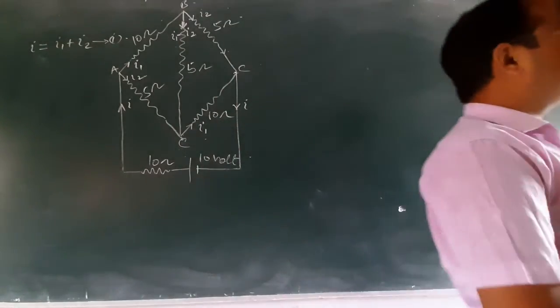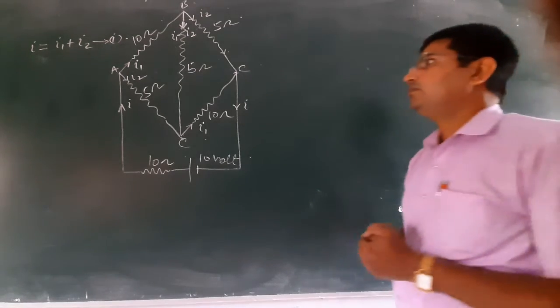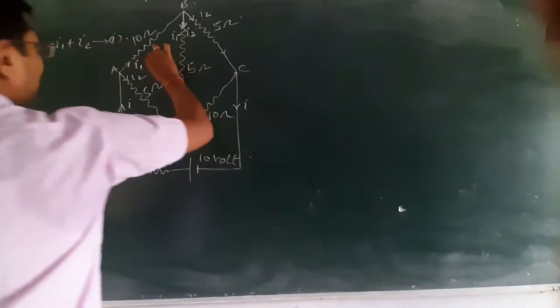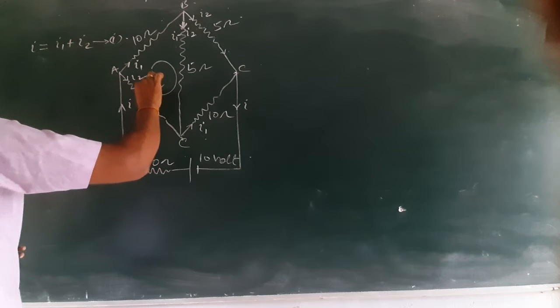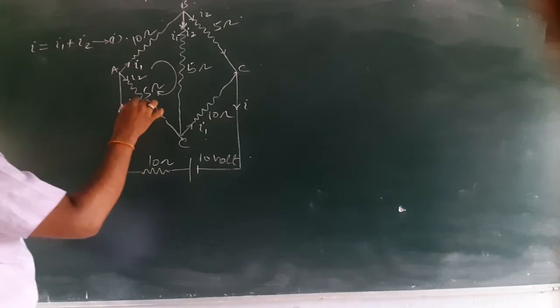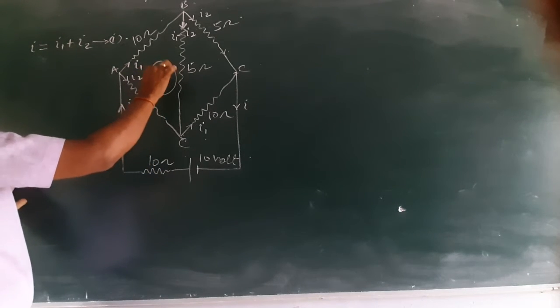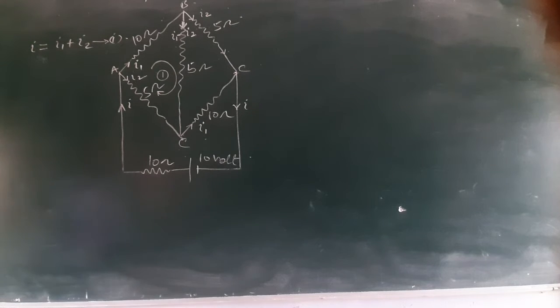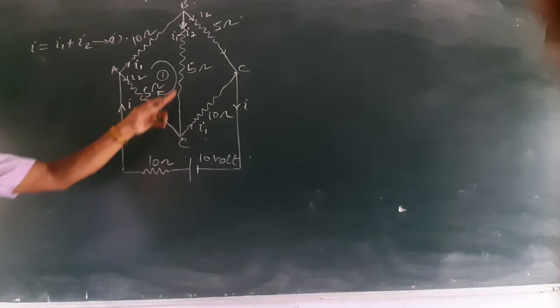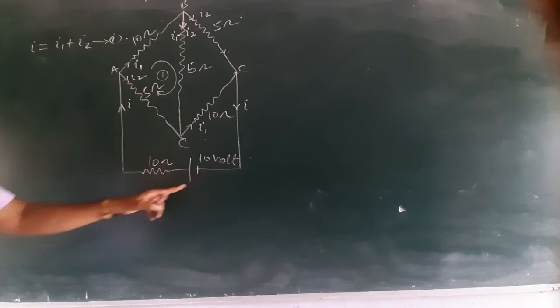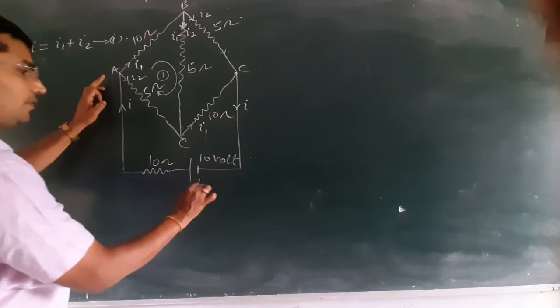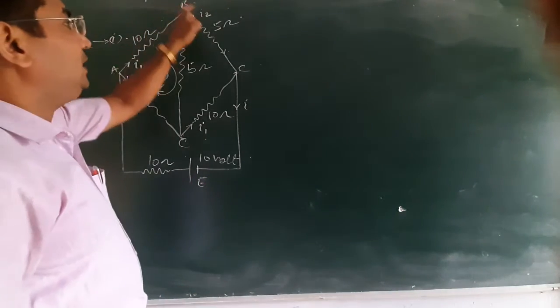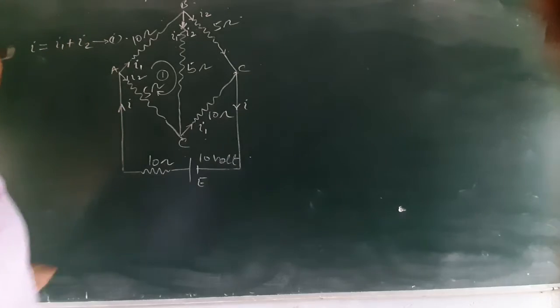And whenever there is a closed loop in an electric circuit, we may use Kirchhoff's voltage law, Kirchhoff's second law. So, using Kirchhoff's second law in this closed loop, and in closed loop A, B, C, E, A.